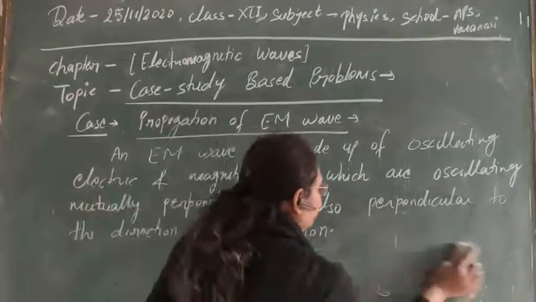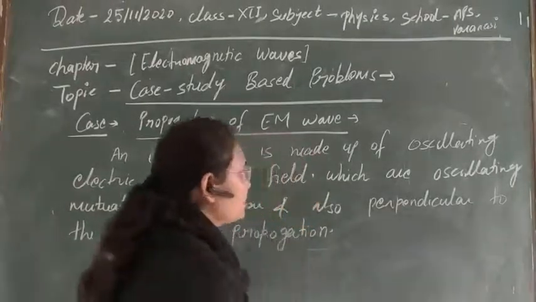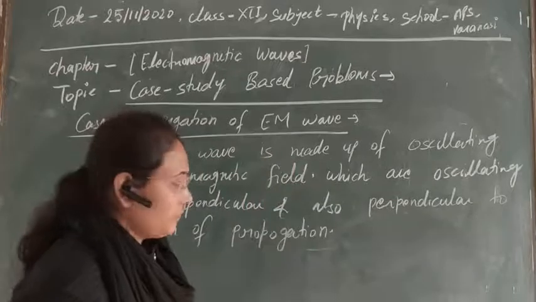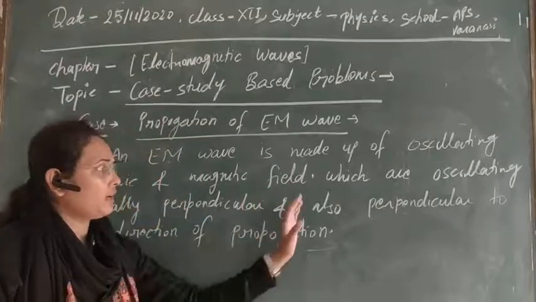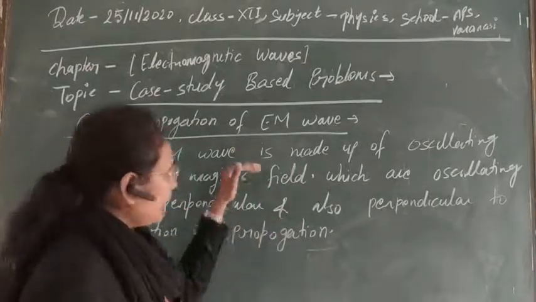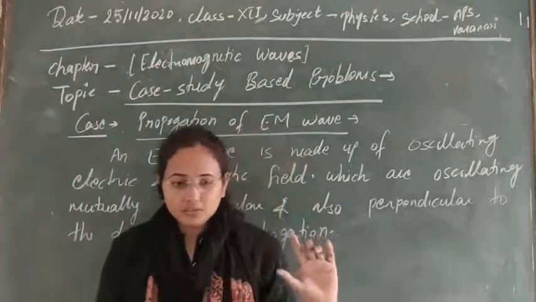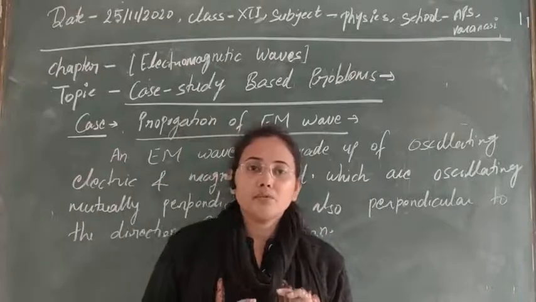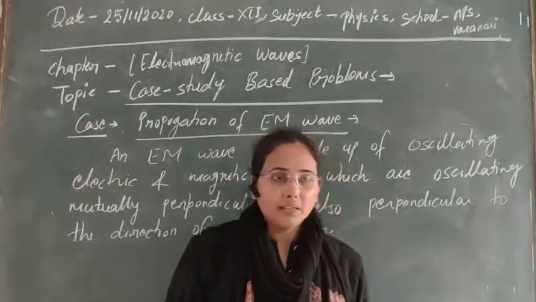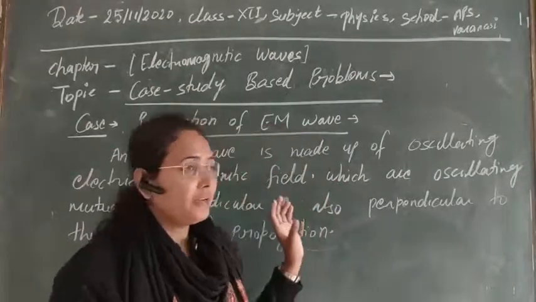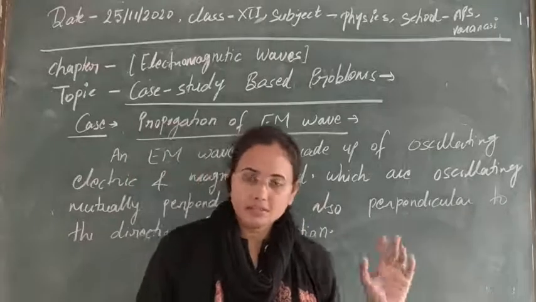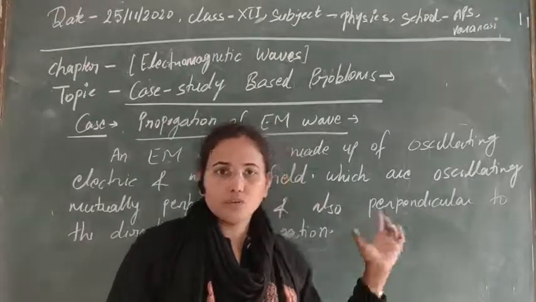So suppose the first question is, for example, I haven't mentioned here any medium. Suppose an electromagnetic wave is propagating in a dielectric medium. Listen to the question, I'm not going to write it here.